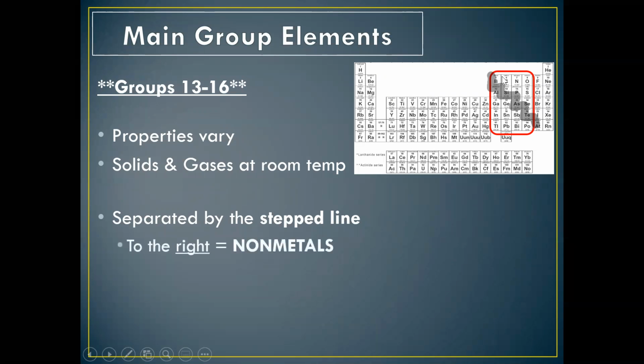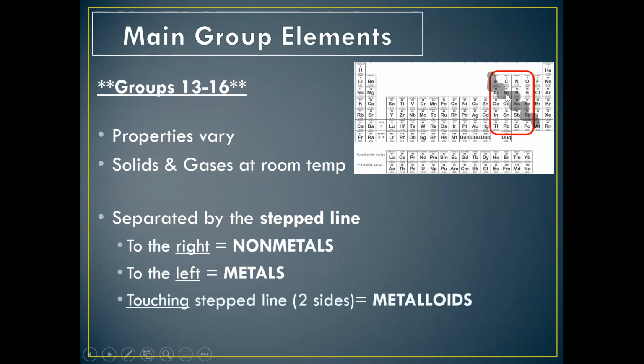To the right up here of the stepped line are our nonmetals. To the left of the stepped line are our metals. And then touching the stepped line on two sides are our metalloids. So as I said, you have every single type of element present in this family, and they are gases and solids.